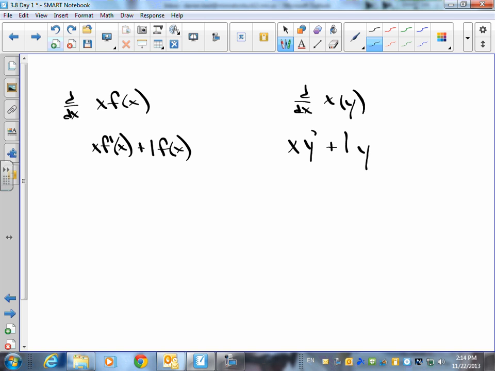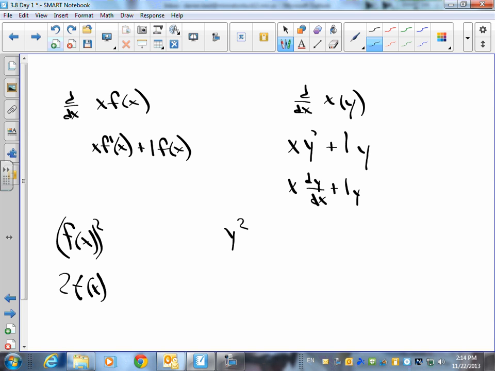It's the derivative of y. So anytime that y needs its derivative taken, I'm going to put in dy dx. And it applies to the y squared because it's like f of x squared. It's a chain rule problem. 2 f of x times f prime, or 2y, y prime. Okay?